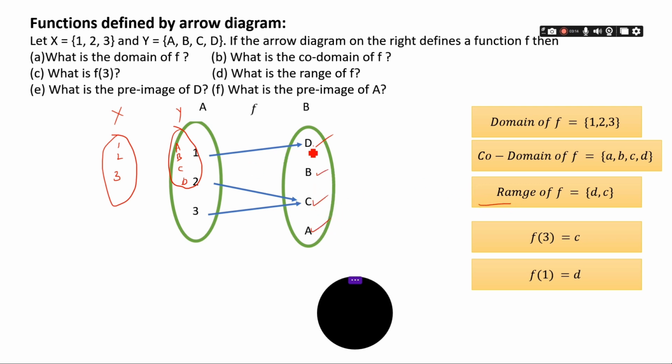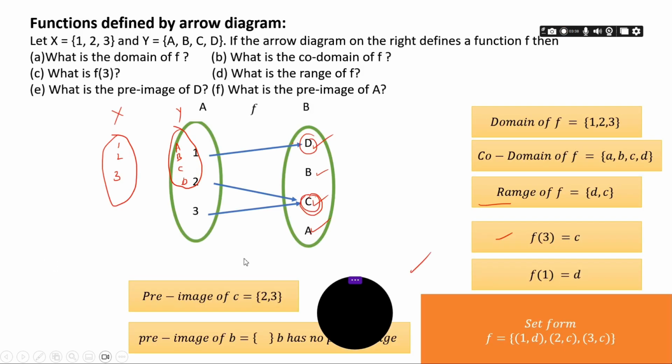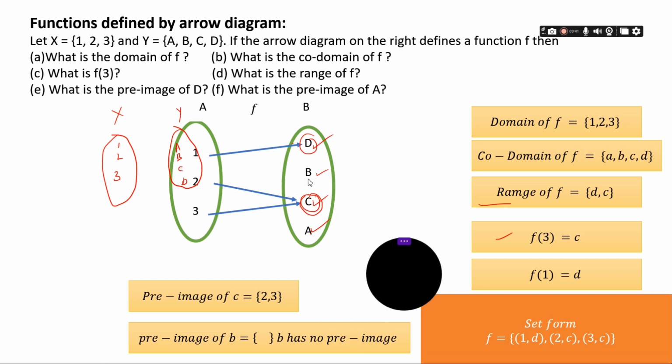But the range is only the mapped ones, d and c only. b and a are not included. f of 3 is going to c, so f of 3 is c. f of 1 is going to d. The pre-image of c is 2 and 3. b has no pre-image, as you see b has no image. And in set form we write it like this: 1 comma d, 2 comma c, and 3 comma c.